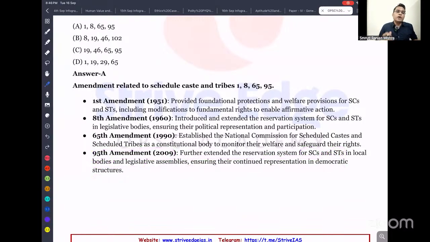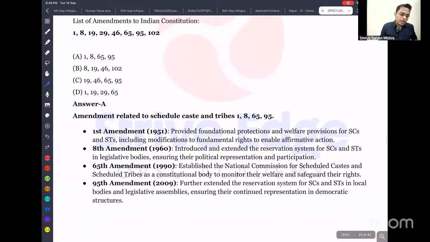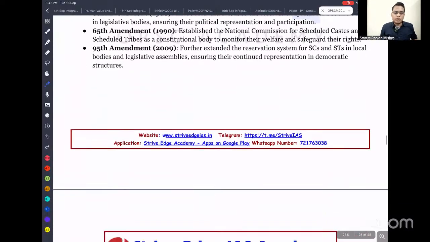So these four constitutional amendments deal with Scheduled Caste and Scheduled Tribe. The answer is A: 1st, 8th, 65th and 95th.